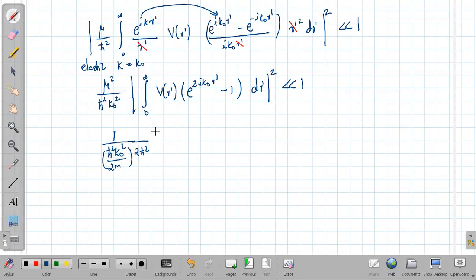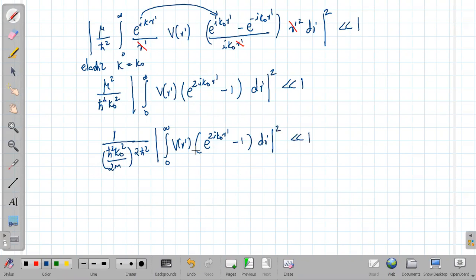So this term, then modulus of integral 0 to infinity V of r prime exponential of 2i k0 r prime minus 1 dr prime, mod square much less than 1.